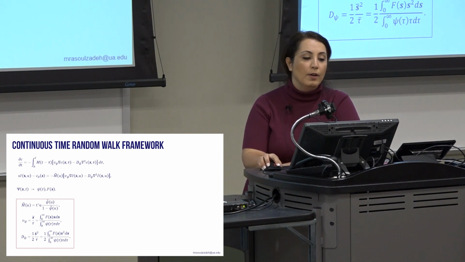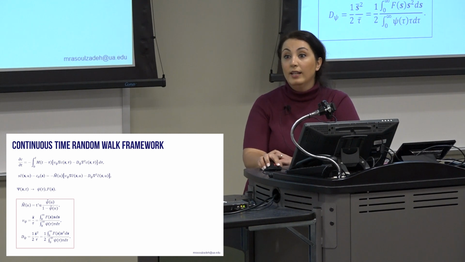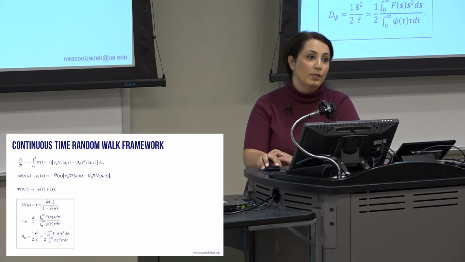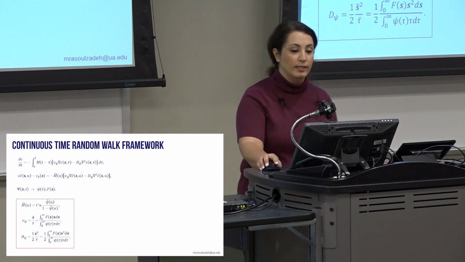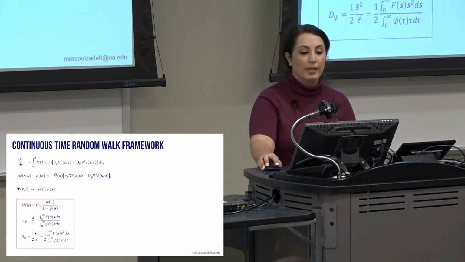It involves two main parameters and one function. This is the memory term in the continuous time random walk framework. This is the particle advection velocity, and this is the dispersion coefficient for the particles in the context of continuous time random walk.